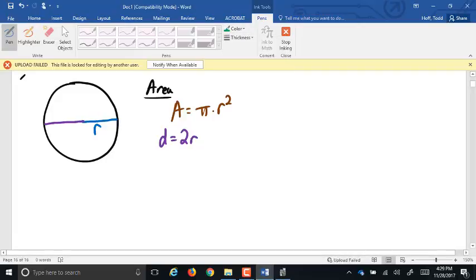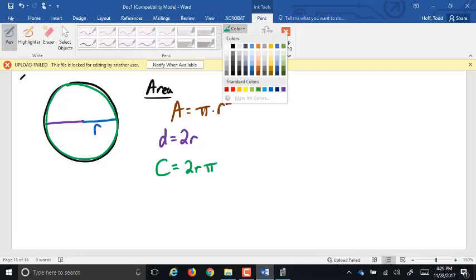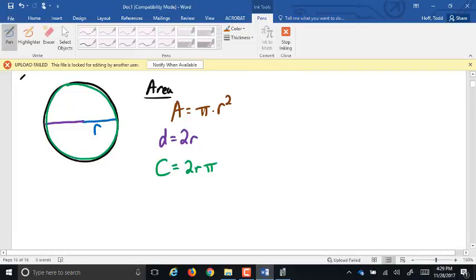That also is telling us that the circumference of this circle, remember circumference is pi times the diameter. Well, it's just going to be 2R is the diameter times pi. It's going to be the circumference. So now what I want to do is I'm going to take half of that circle.